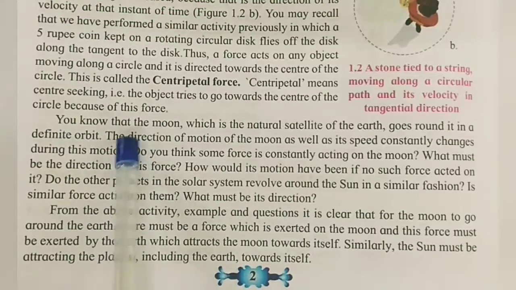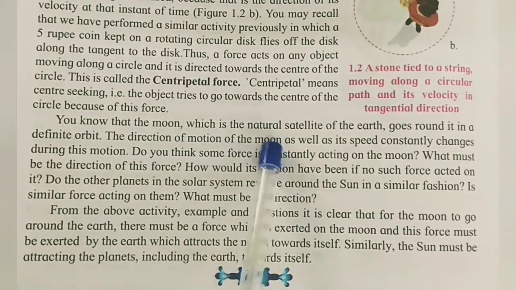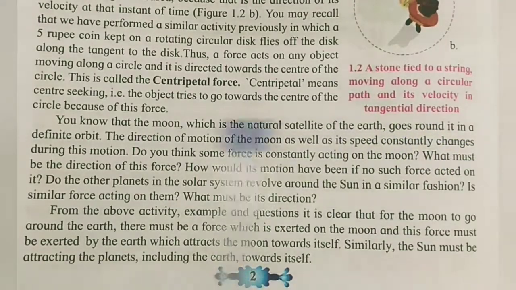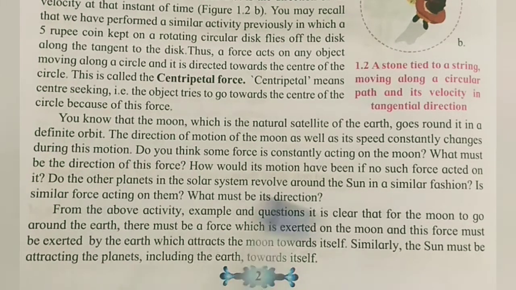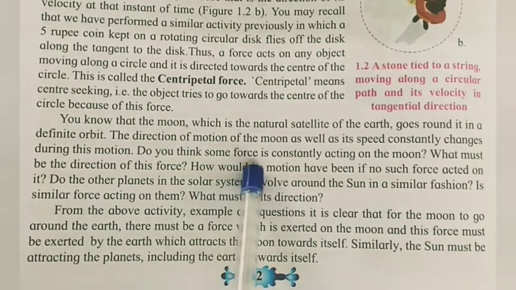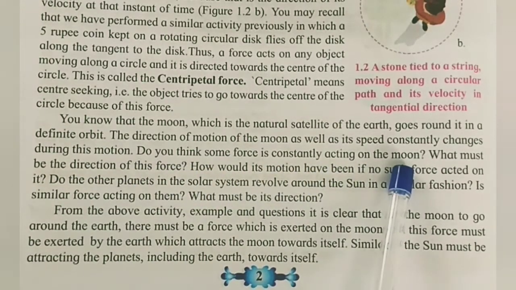You know that the moon, which is the natural satellite of the earth, goes round it in a definite orbit. The direction of motion of the moon varies during this motion. Do you think some force is constantly acting on the moon?